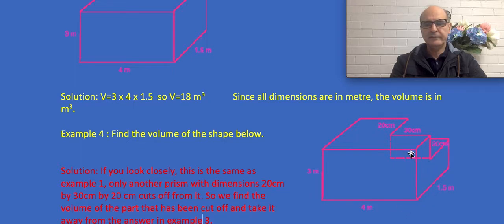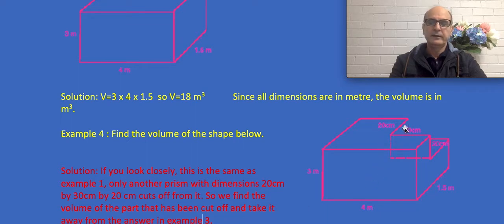The only difference here is they have cut off a rectangular prism from this corner. So we've lost this volume. We need to find this volume and take it away from the answer in the previous one, because the previous one is exactly this, only that part has been cut off.